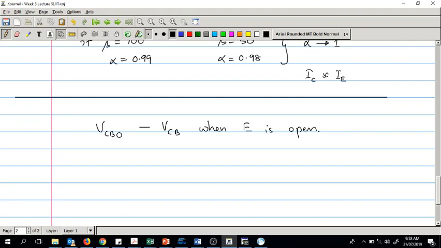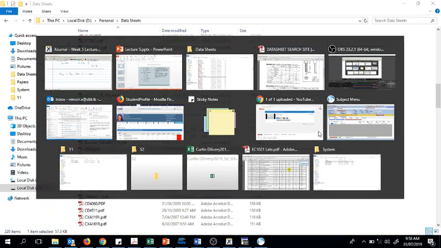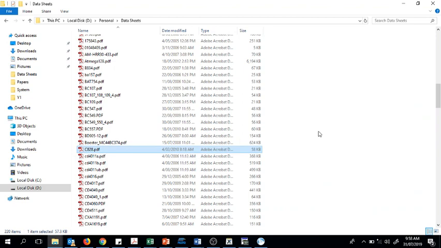No connections there, no voltage is given to that. So that is the meaning of it. If you have the third letter as O, the non-mentioned terminal is left open.